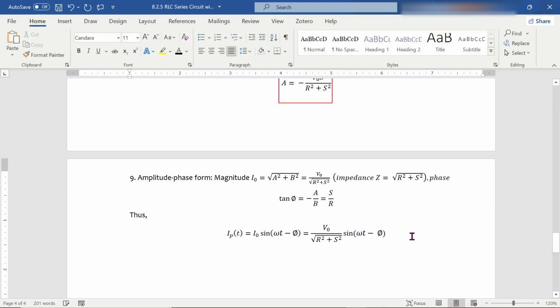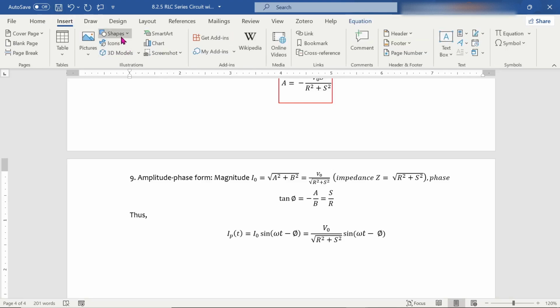So this is now our particular solution for this problem.